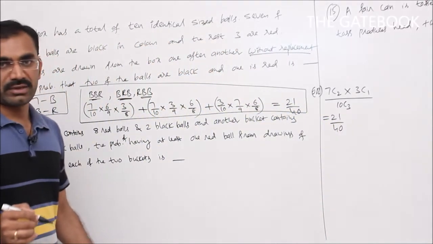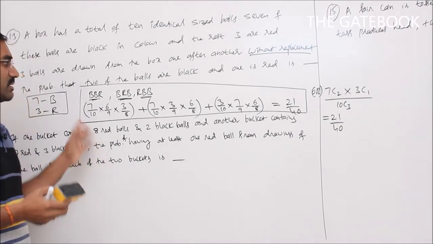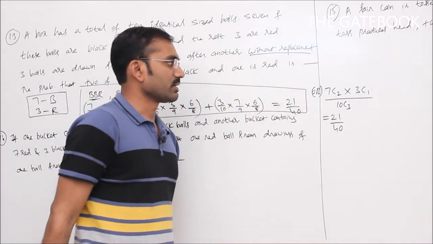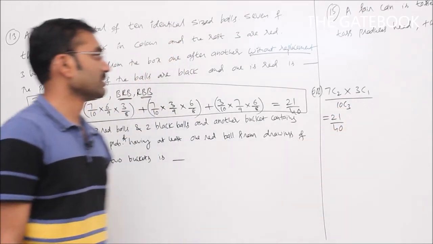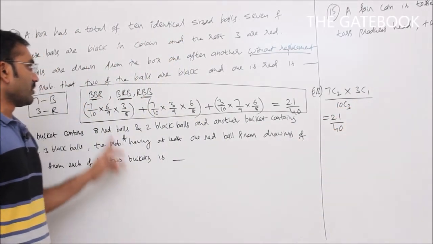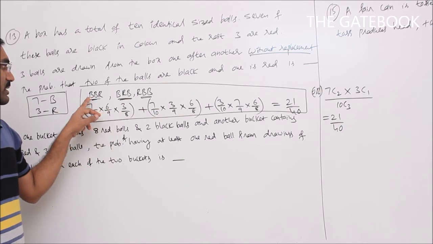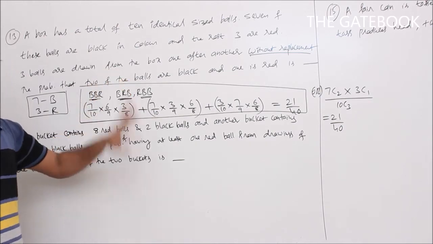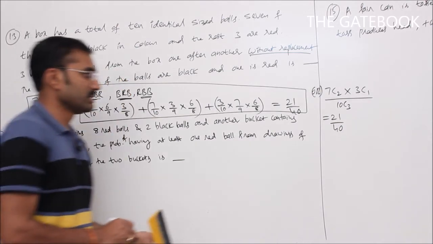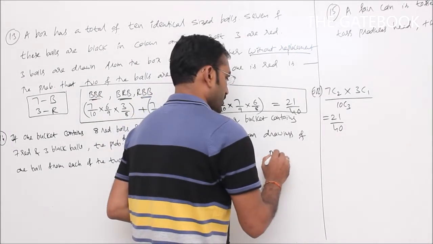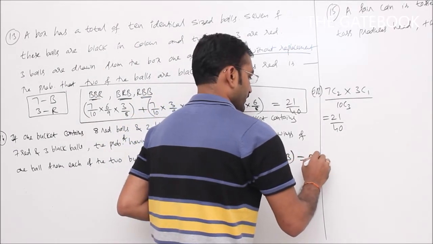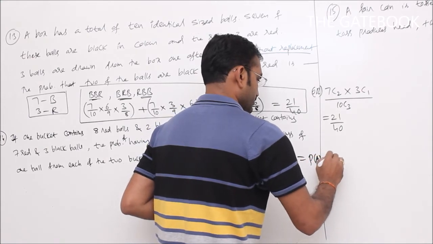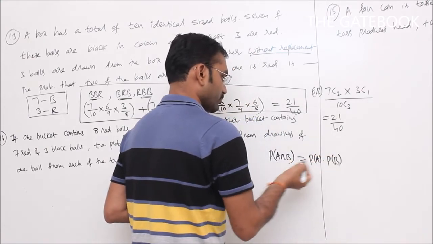So both are correct ways. You can do like this or like that. Both are correct. Why I am doing like this here, 7C2 into 3C1 by 10C3. See, drawing black ball, drawing red ball are independent. I said one condition, P of A intersection B is equal to P of A into P of B for two events.